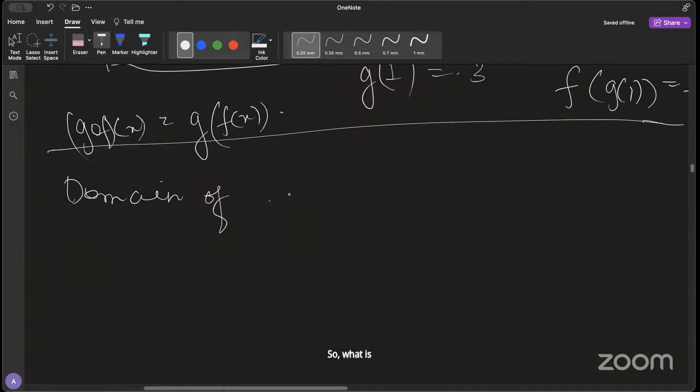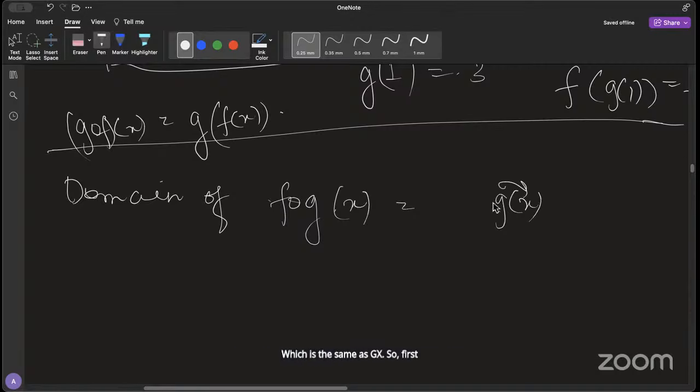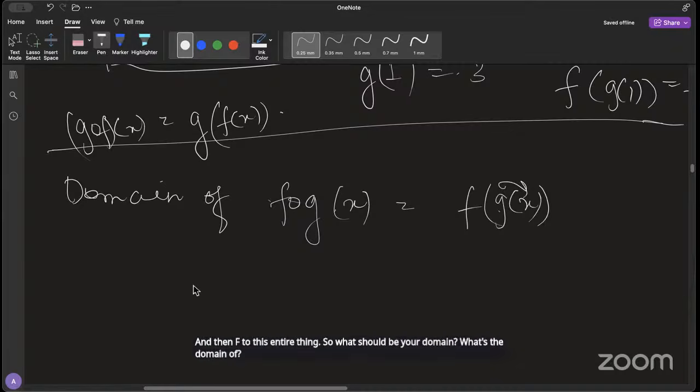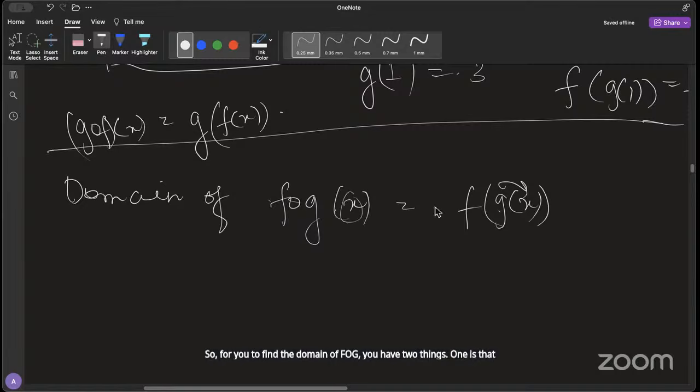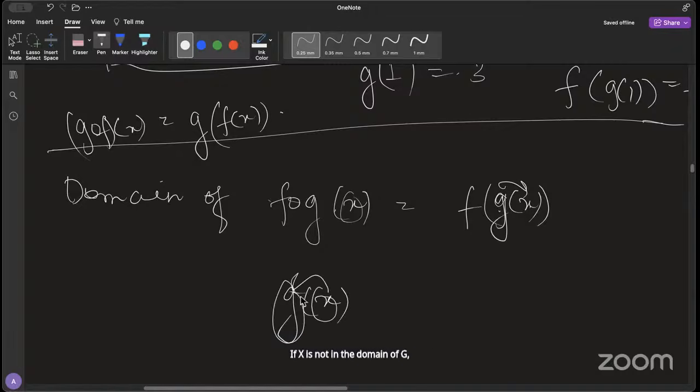So what is the domain of, let's say, f o g? How do you find the domain of this function? Let's say you have a function (f o g)(x), which is the same as f(g(x)). First you apply g to x, and then f to this entire thing. So what should your domain be? To find the domain of f o g, you have two conditions. The first is that x should be in the domain of g, because you will apply g to x. If x is not in the domain of g, can I apply g to it? No, right?